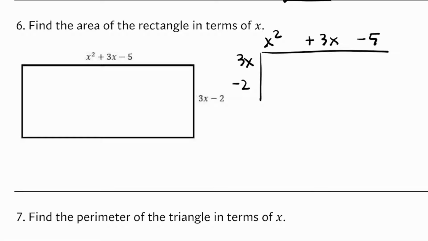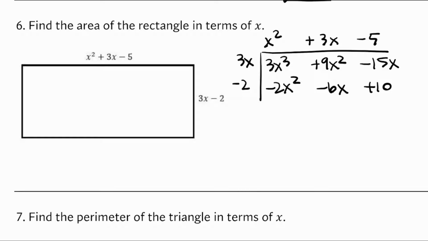I'm just going to use the box. And then I'm just going to combine like terms. I'm going to double check because I went pretty fast. And yeah, that looks good to me.